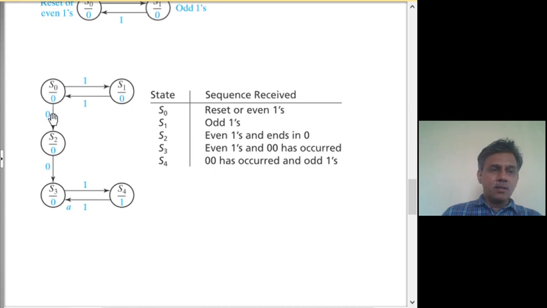When a 0 occurs, you go to a state where you remember that it is the first 0 of a possible consecutive 2 zeros. One more 0, condition met, so you go to S3. So S0, S2, S3 correspond to the case where the number of ones received is even. Okay. But here the condition is not met, here the condition is met, here it is on its way to being met.